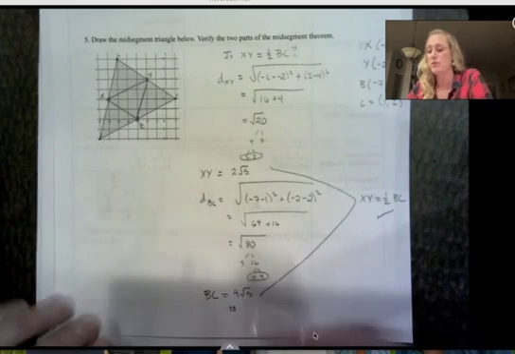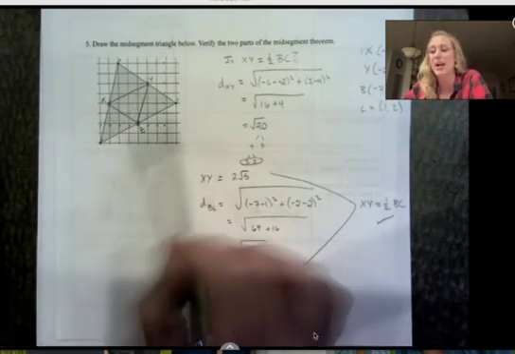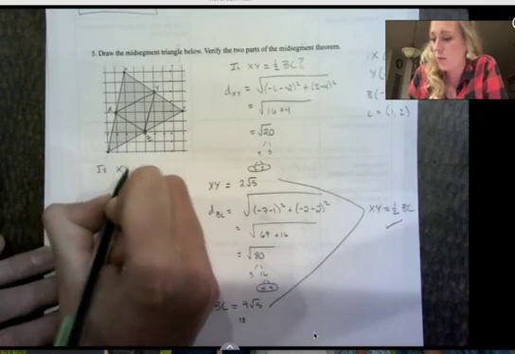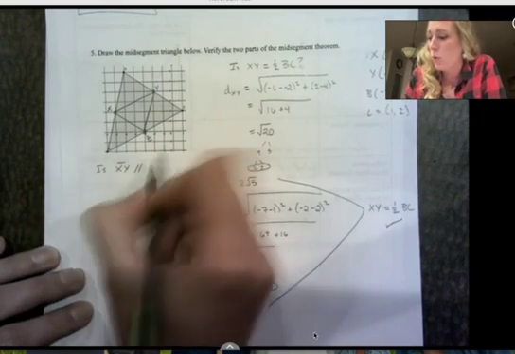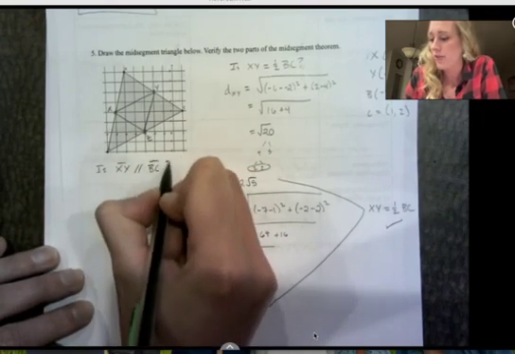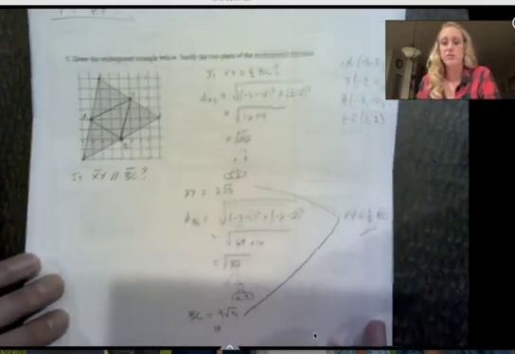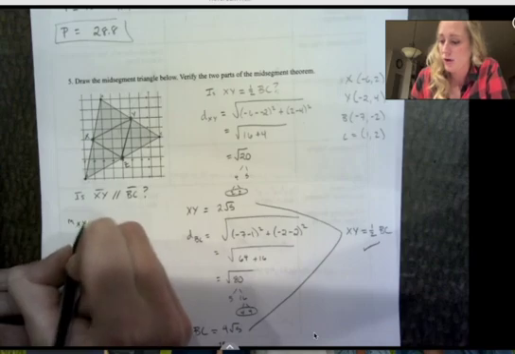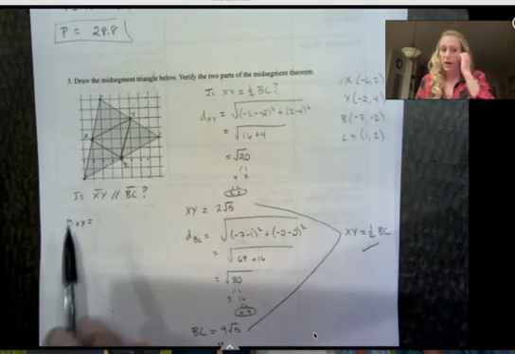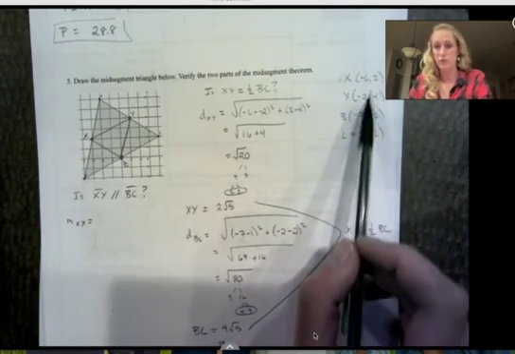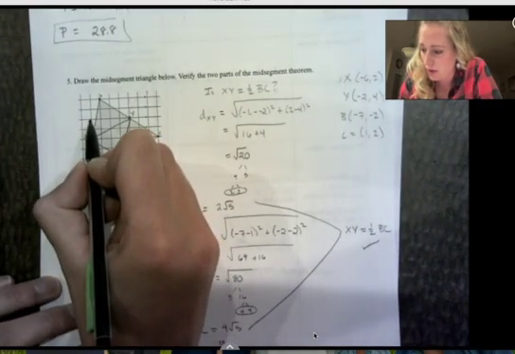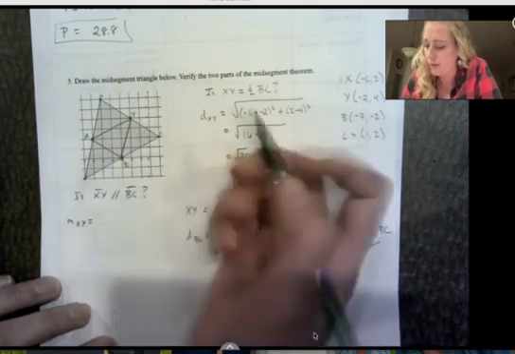Now the other part we want to verify is XY parallel to BC. So how do we check that? Well, we look at the slopes, right? If the slopes are the same, then those segments are parallel. So the slope of XY, we can just count using rise and run, or you can do the slope formula with the coordinates. I'm just going to count. So it looks like up 4 and over 1, 2, 3, 4.